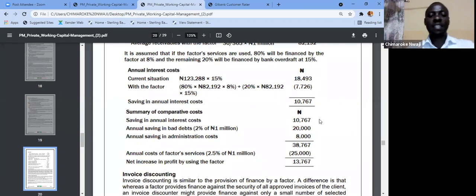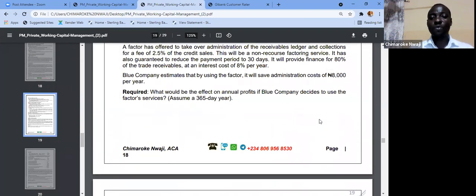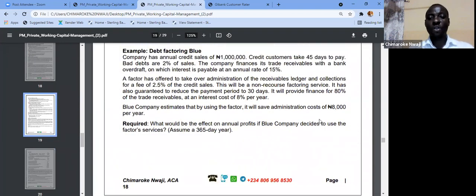Annual saving of bad debts. You see, your bad debt is 2% of 1 million. That's what we are told here. 2% of sales, so 2% of 1 million bad debts.